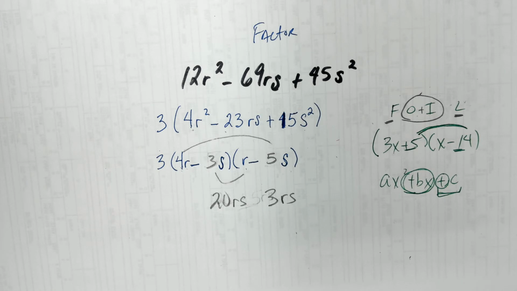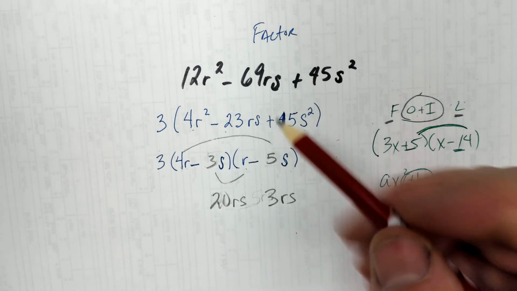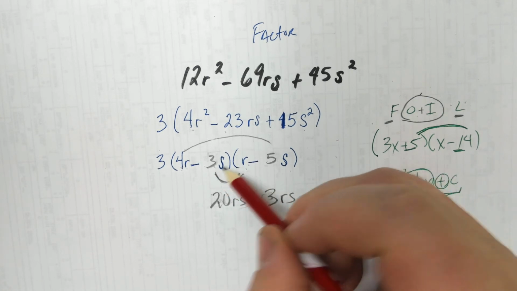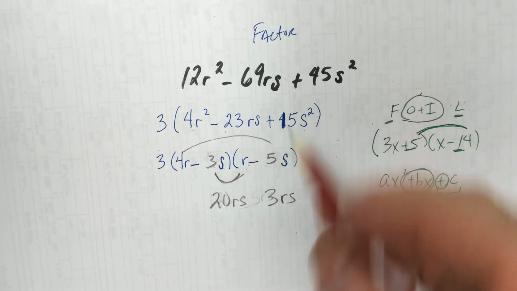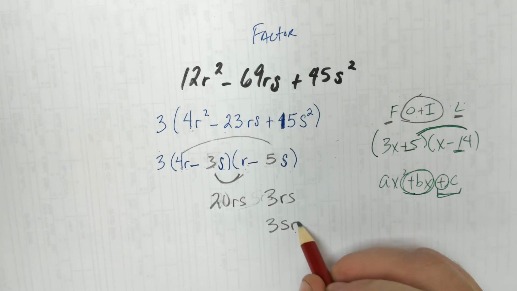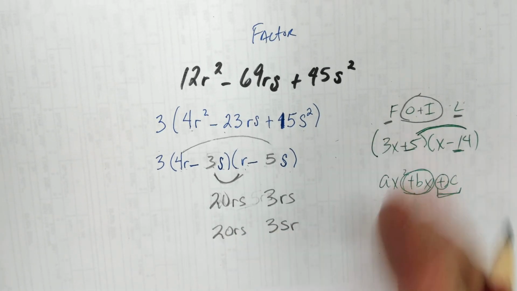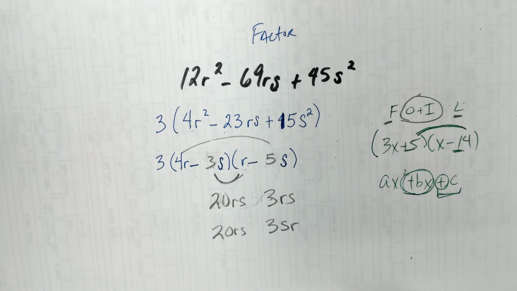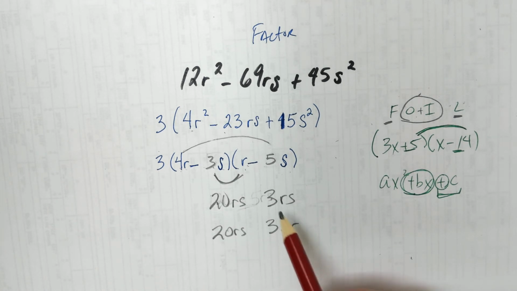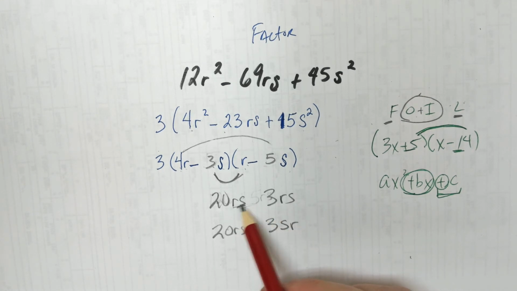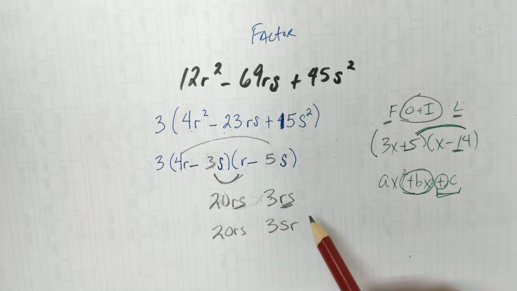Where did you get the rs from? Because I was checking. So the inside, right? 3rs. You put it alphabetical, even though it'd be 3sr. Alexa, I'm really glad you asked that. Now that I think about it, because I just do it naturally. I put them in alphabetical order, and the reason I do that is then I can see that this is the same term as this.